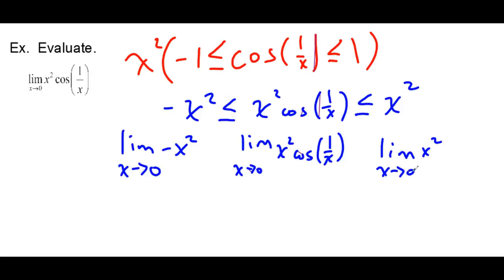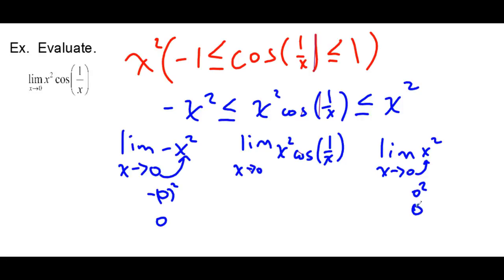Now, because I've got just a plain old frowning parabola, I can plug 0 in. So the limit of -x squared as x approaches 0 is just -0 squared, which is 0. On the right-hand side, as I plug 0 in for plain old positive x squared, I get 0 squared, which is 0.